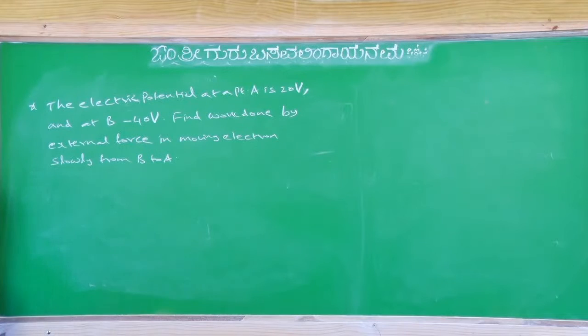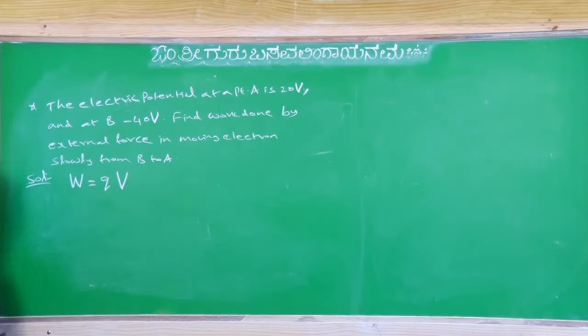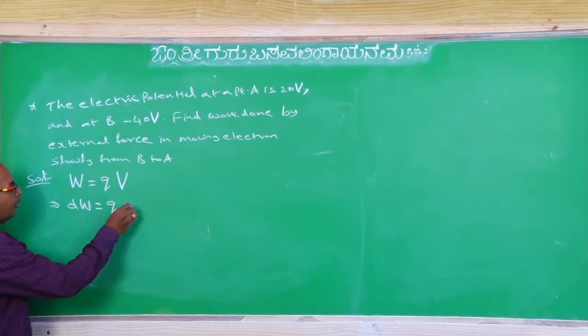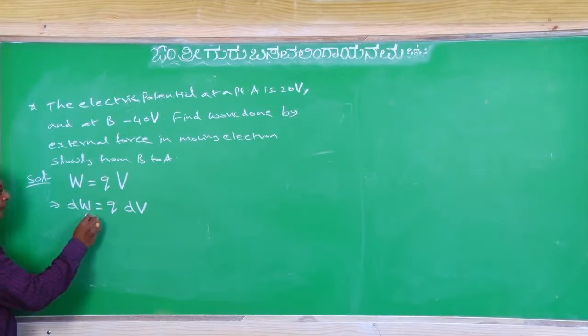How much? Very good. So here we want to find out work done. What is the work done? W is equal Q into V. In between any two points given means what? The required work done dW is equal Q into dV, potential difference. So here B to A asked.